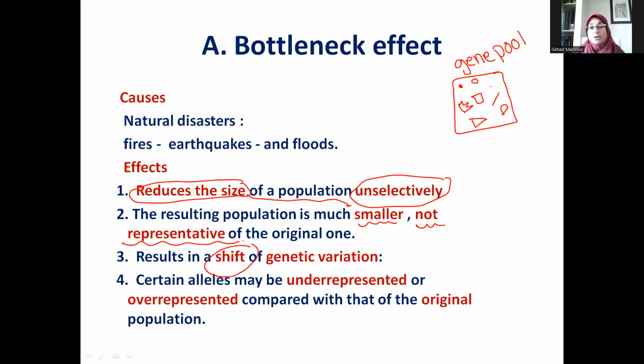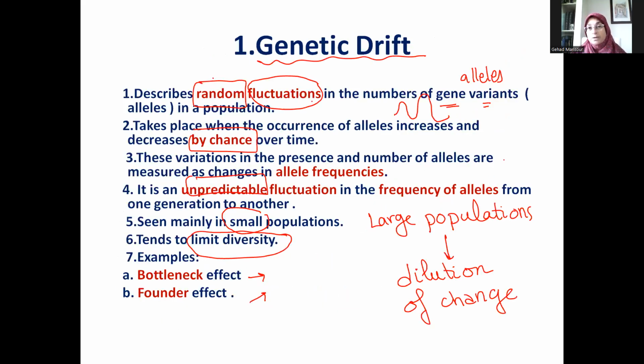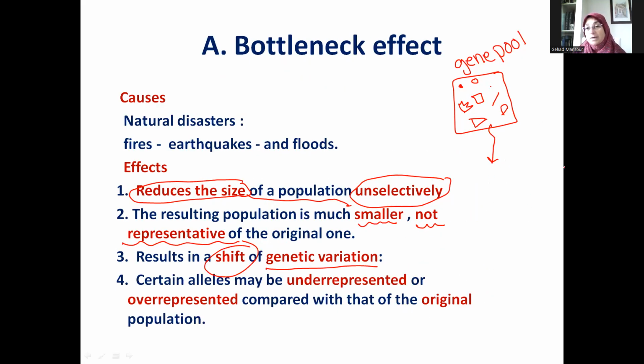But why is it not representative of the original population if it is random, if it is unselective? Why does it result in a shift of genetic variation, meaning that there is a change in allele frequency? So in the bottleneck effect, we're talking again about genetic drift. So it is an example of genetic drift.